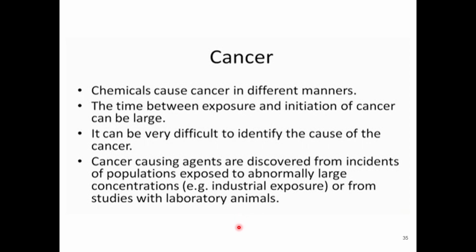So it is a very difficult problem to identify the cause of cancer, and they are basically discovered when a large population has been exposed to abnormally large concentrations through industrial exposure, such as the Chernobyl disaster, for example, or from studies with laboratory animals, where you can control them in a certain environment.